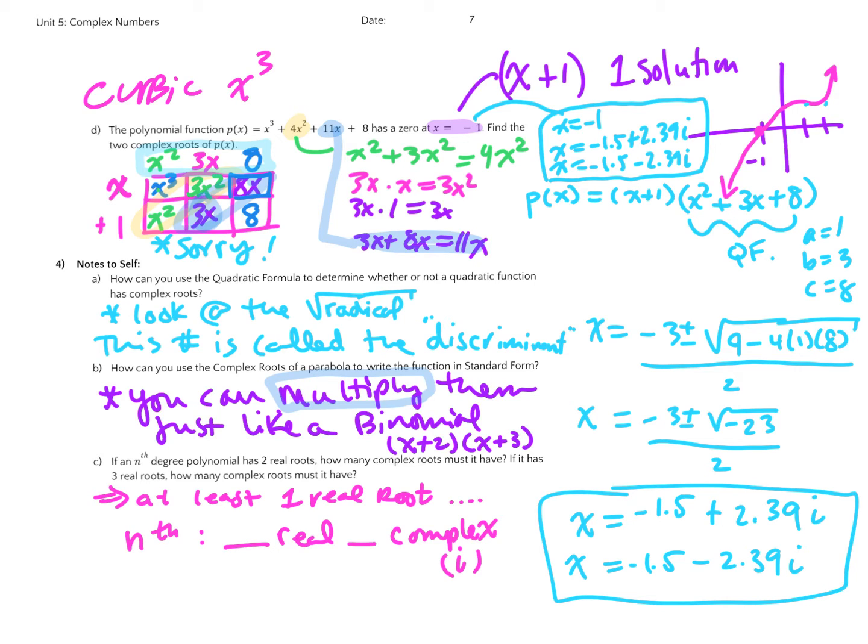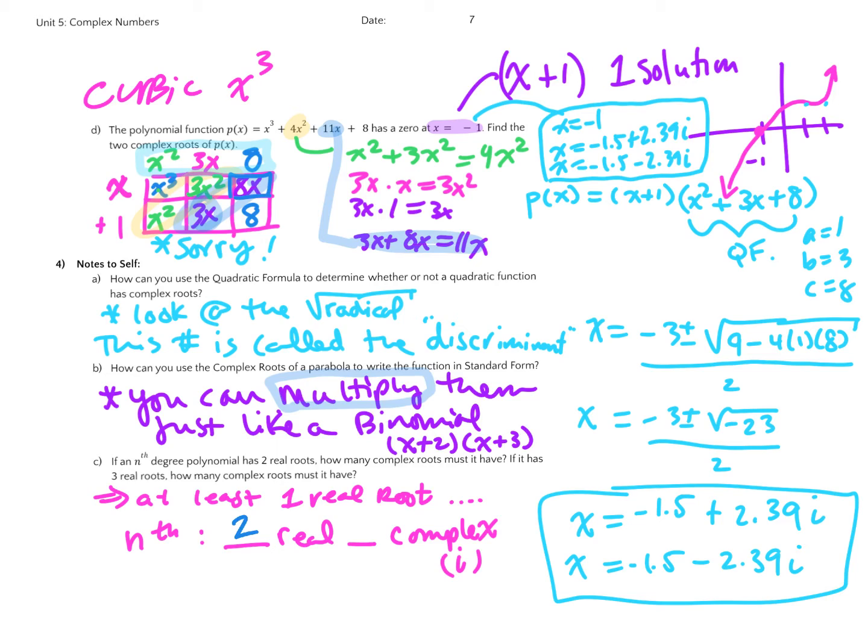So then, what does it say? It has 2 real. If an nth degree polynomial has 2 real roots, how many complex roots must it have? It has to have at least 1. This question doesn't make sense now that I'm thinking about it out loud.